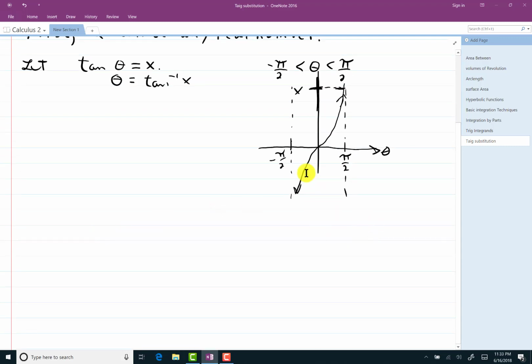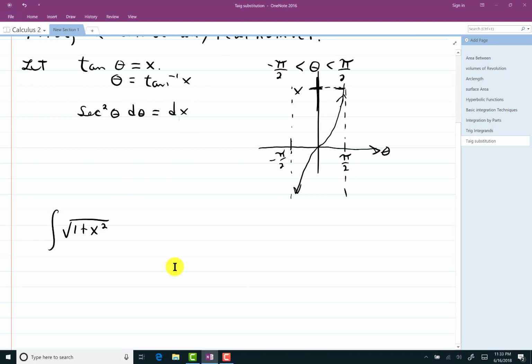Since the important thing is that tangent of theta takes all real numbers, it can assume any value that x has to offer. So let's see what happens when I start this integral. Everywhere you see x, I'm going to start doing some changes. Now, if tangent of theta equals x, take the derivative of both sides of this, and you'll get secant squared of theta d theta equals dx.